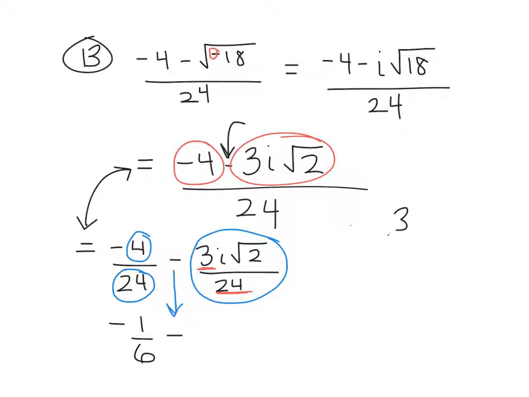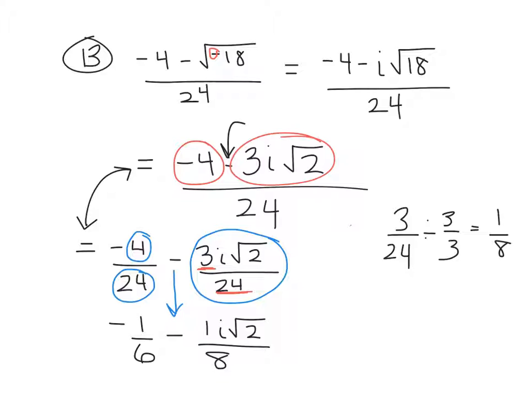So 3 over 24. 24 and 3 are both divisible by 3. So I can divide the top and bottom by 3. 3 divided by 3 is 1, and 24 divided by 3 is 8. So I can write 1i square root 2 over 8.